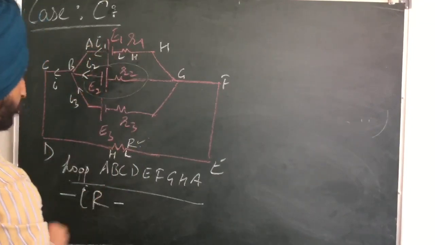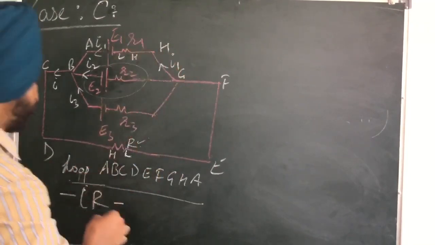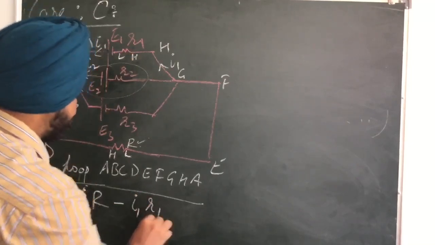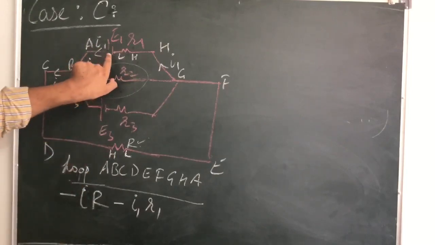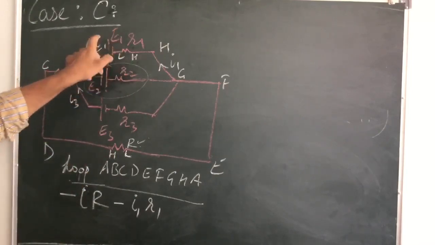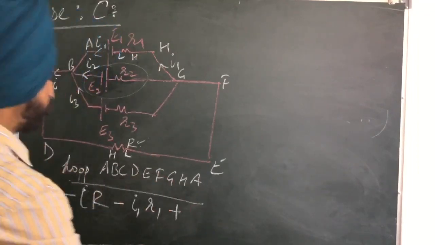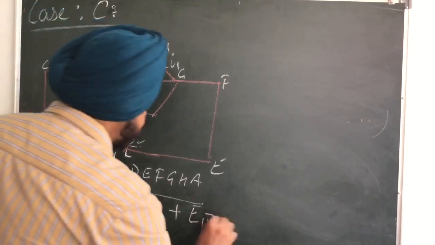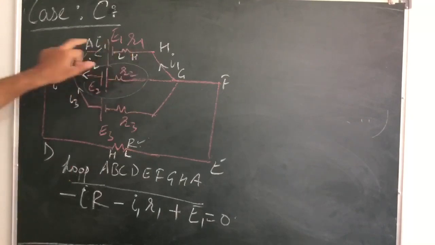So again I will be putting a negative sign. The current that will flow in this arm will be I1. So I1 into internal resistance over here, R1, and then I am going to encounter this battery's negative terminal, that is I am moving from negative terminal to positive terminal, that is lower potential to higher potential. So I will be putting a positive sign over here, plus EMF of this battery, of course E1, and that is equal to 0. So this is the equation that we are going to get from our first loop.